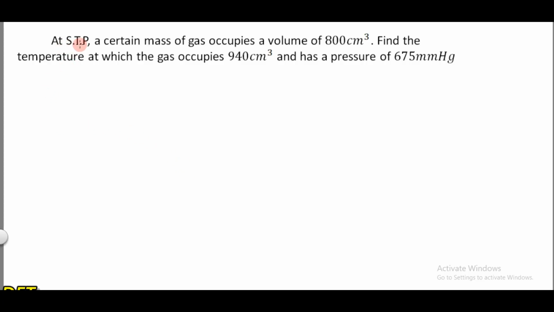At standard temperature and pressure, at STP, a certain mass of gas occupies a volume of 800 centimeter cube. Find the temperature at which the gas occupies 740 centimeter cube and has a pressure of 675 millimeters of mercury. The first thing I would want to do is to bring out the parameters in this question.